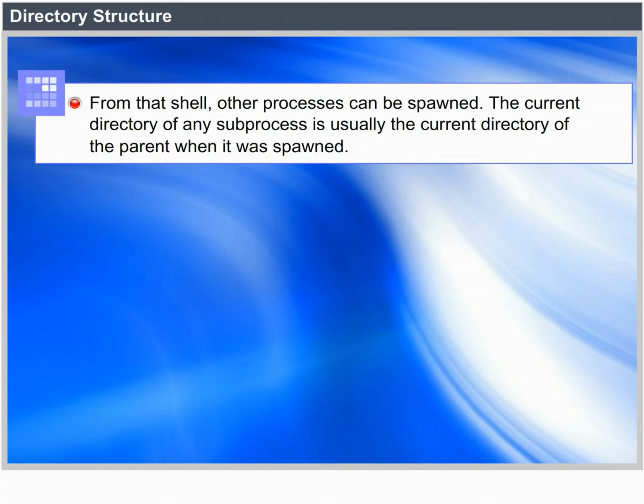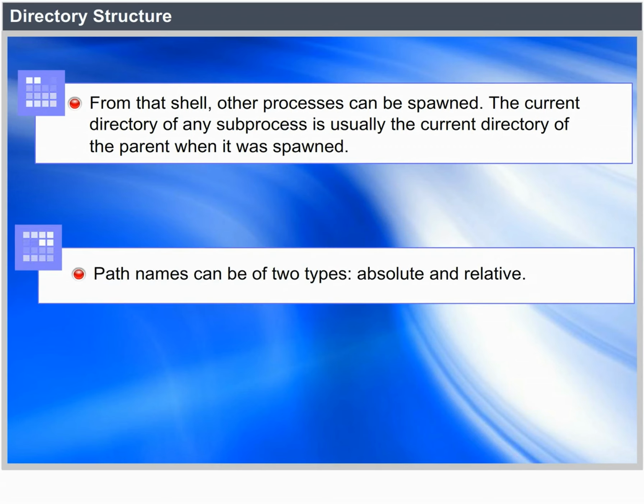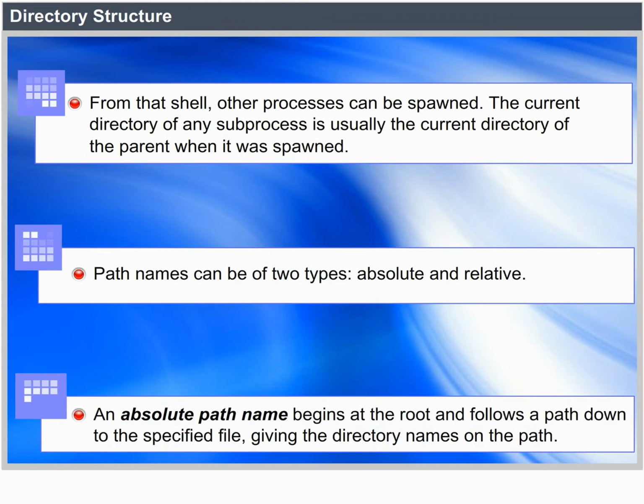Path names can be of two types, absolute and relative. An absolute path name begins at the root and follows a path down to the specified file, giving the directory names on the path. A relative path name defines a path from the current directory.